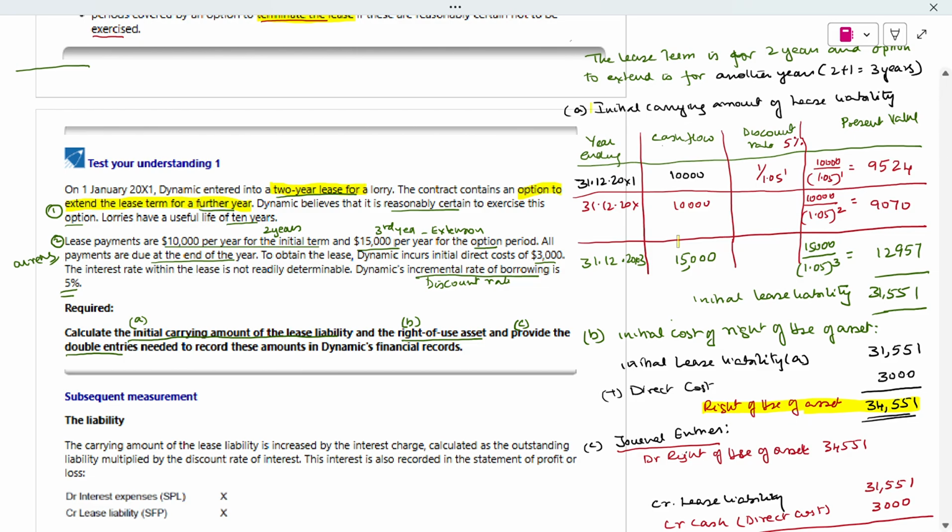First you have to calculate the initial carrying amount of the lease liability. Then you have to calculate the initial cost. Then you have to make the general entries. They may add some more points, but it will not change. I'm not saying 99%, I'm saying 100%.